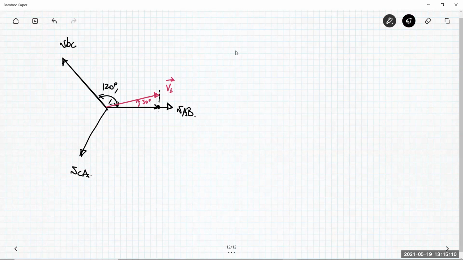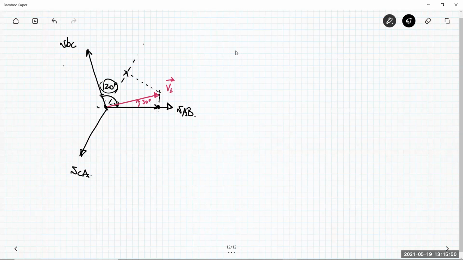Then I have the negative part of VAC, and then we have here the projection along this axis here. Sorry, the drawing is very bad, okay, because this is 30 degrees and this is 120, so the difference here is 90 degrees. So this vector VBC should be orthogonal to this one. So the projection of this red vector onto VBC is null.